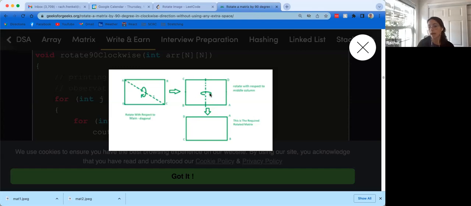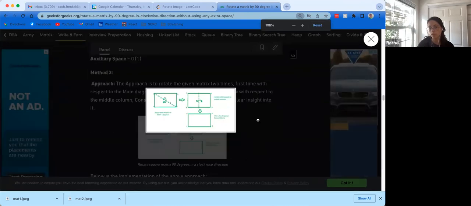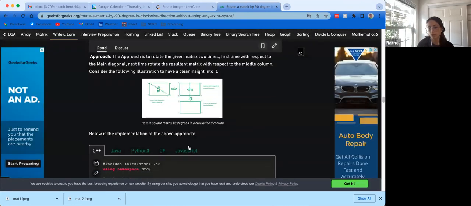You can fold it over diagonally and then fold it over vertically, right? So you can transpose it diagonally and then do that same thing over the columns, and it will give you a rotated matrix. There's a bunch of different ways to do that.